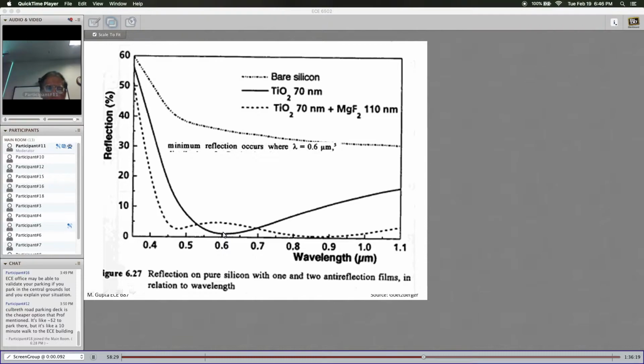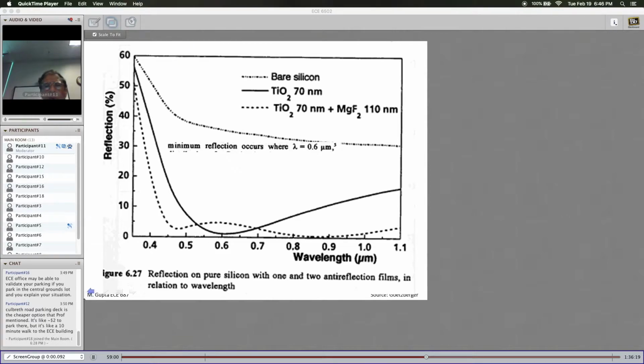You have low reflection at, let's say, 0.6 micron, because that's what we designed the thickness for, 70 nanometers. Then the reflection increases, and how fast it increases depends on the index of the silicon also. So that is not really quite a true anti-reflection for a solar cell.